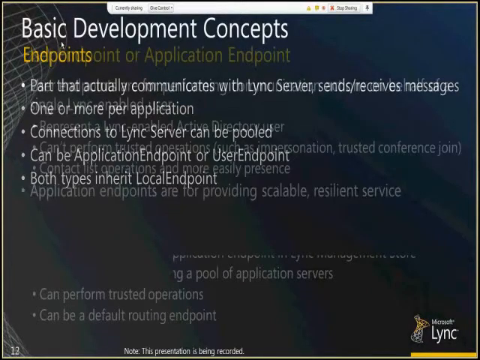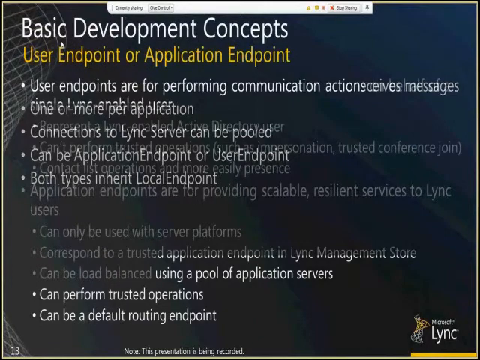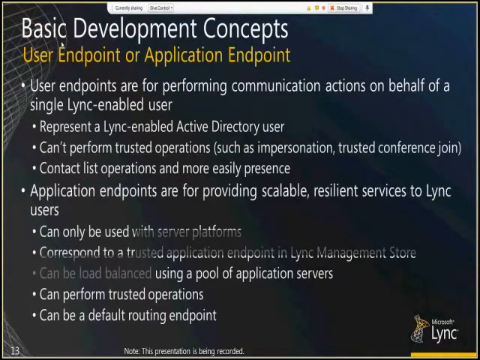User endpoints are primarily for applications where you want to perform actions on behalf of Lync users. If you think about Outlook Web Access, for example, in the upper right corner there's that section where you can sign in and you can set your presence or send IMs to people. That's the type of application that you would build with user endpoints. Each user endpoint represents a single Active Directory user that is Lync enabled.